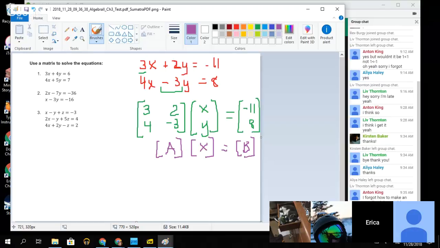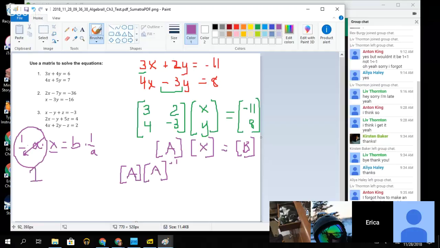Okay, so back a long, long time ago, if you have A times X equals B and you wanted to solve for X, you would divide both sides by A or multiply both sides by the inverse, right? And then you would solve for X. So in order to solve a matrix equation, we're going to say A times the inverse of A, which basically undoes it, just like over here. A times the inverse of A just makes it 1, right?